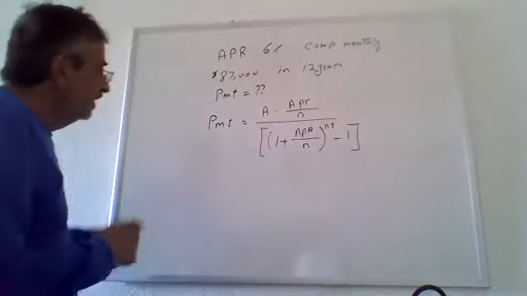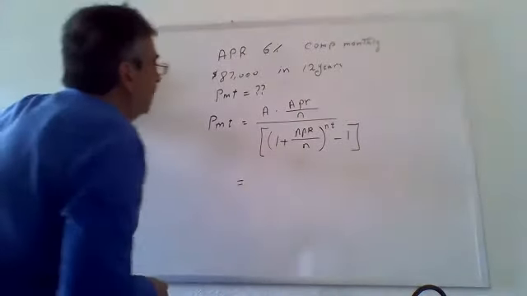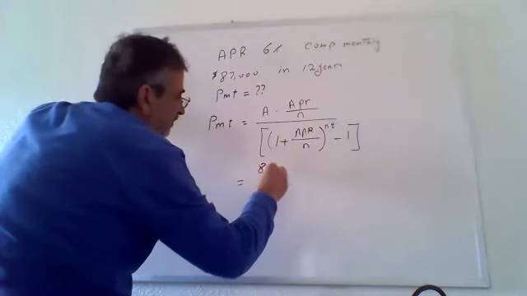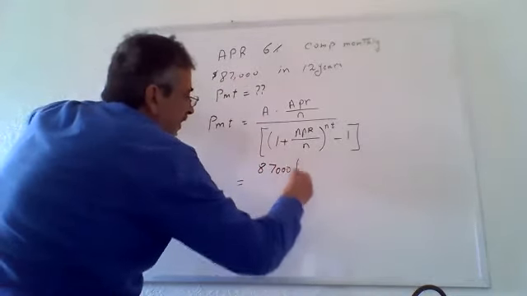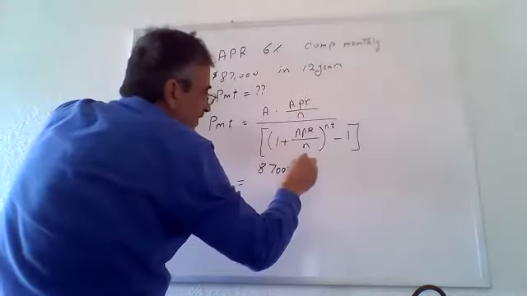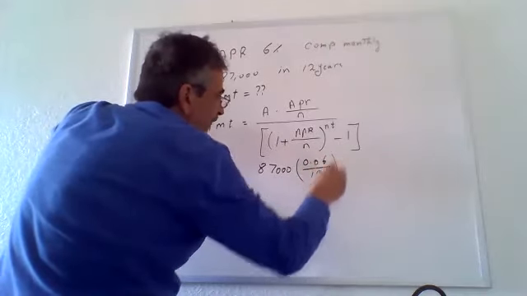So now, applying the information, A is 87,000, parentheses, APR is 6%, that's 0.06 divided by 12.